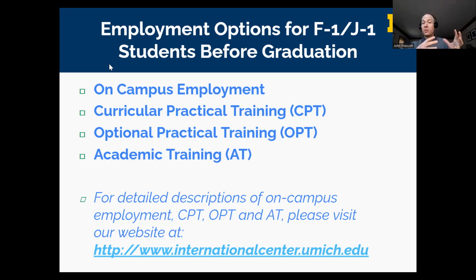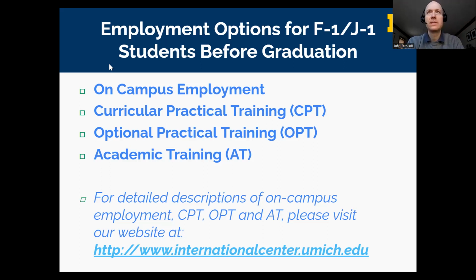If you're in the middle of your program, have not yet graduated or completed your program, you can work full-time on campus during the spring-summer period. So that's one popular and common area where you can get work experience and employment in the US: on-campus work. Graduate students, GSRA, GSI, or any number of other on-campus positions at all degree levels.